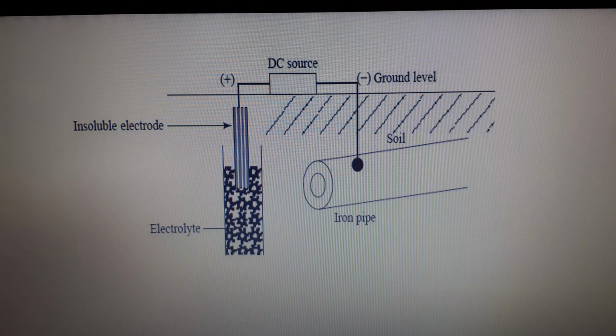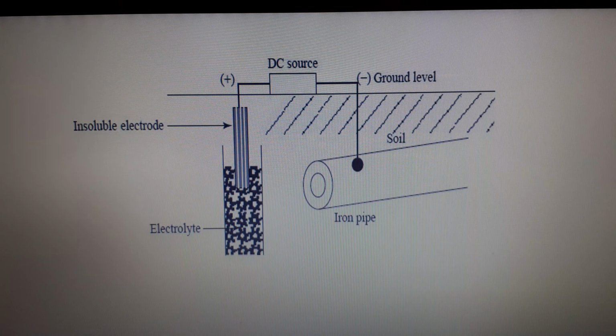Usually a sufficient DC current is applied to an insoluble anode buried in the soil or immersed in the corroding medium and connected to the metallic structure to be protected.